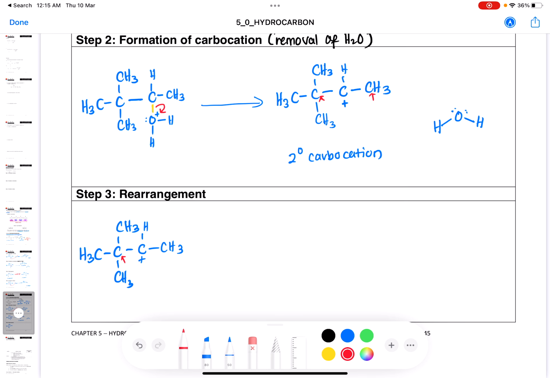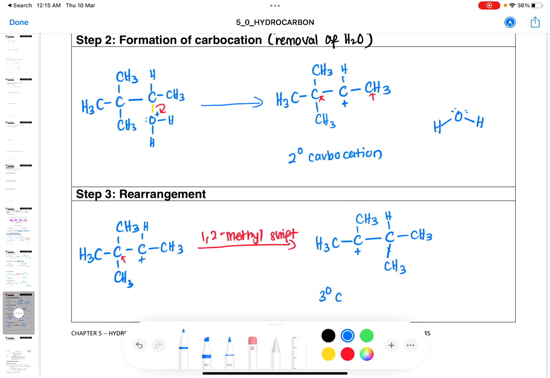So we can do a methyl shift, where the positive will be here and we move the methyl. So as you can see here, we can produce a tertiary carbocation.